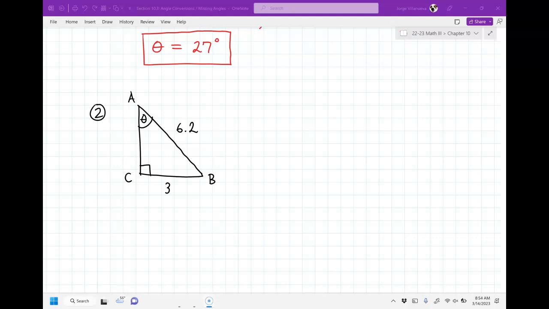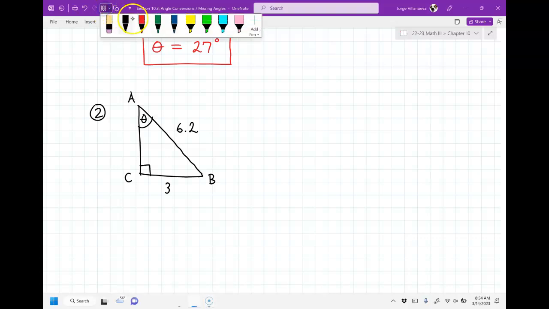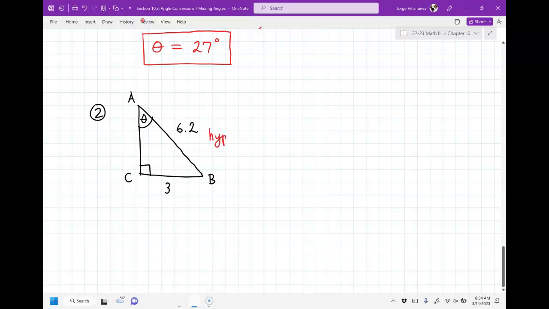But we're going to label our triangle so that we know exactly which function to use. Where is my hypotenuse? 6.2, okay, because that's opposite of the 90. So that's my hypotenuse. Now, according to the angle theta, which one is my opposite? 3. That means that this has to be adjacent.